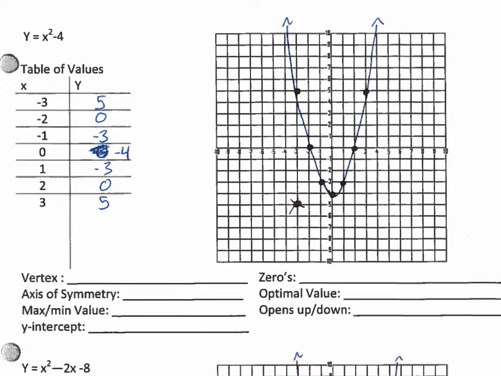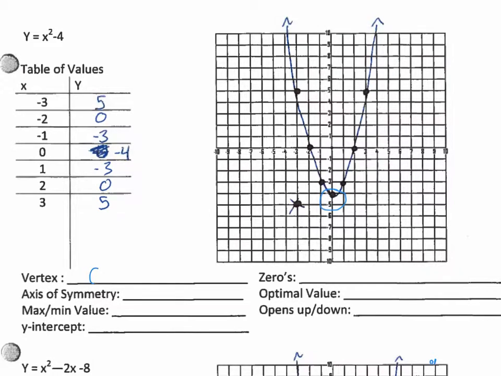The next parabola that we graphed in class was y equals x squared minus 4. The first thing you should do is find your vertex, because that's going to allow you to figure out a little bit more information without even reading the graph. Looking at our parabola, we can easily find our vertex right here.